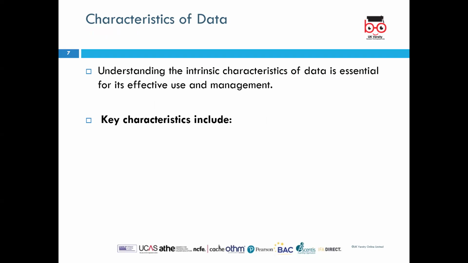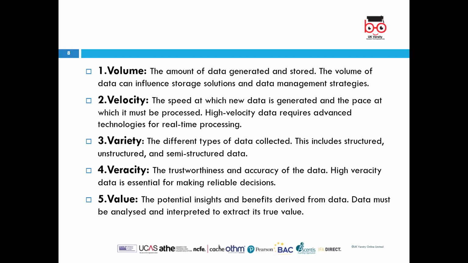What are the characteristics of data? So let's now look into the key characteristics, which are going to include volume, velocity, variety, veracity, and value. So we've seen through our previous video that volume stands for the amount of data that is generated and stored in our databases.